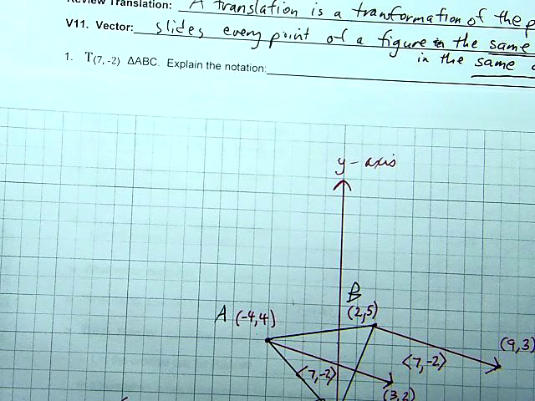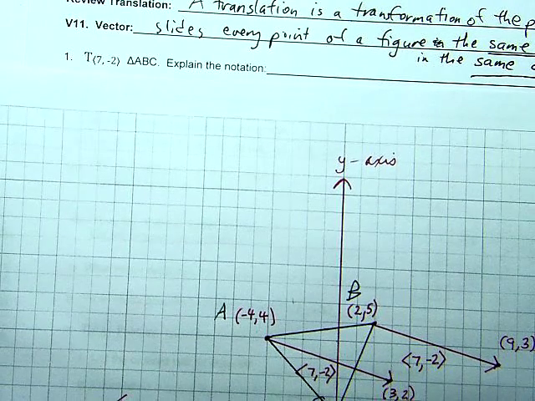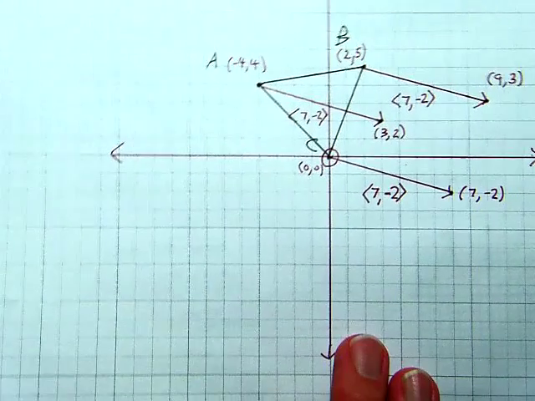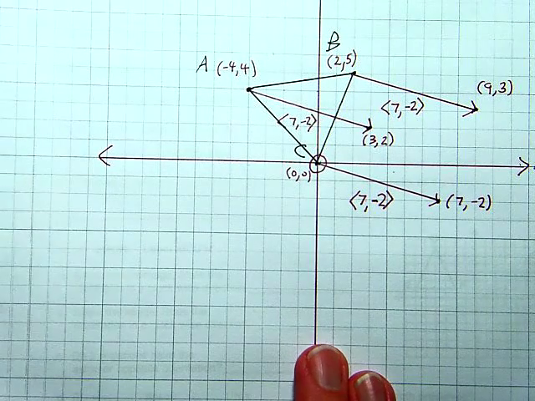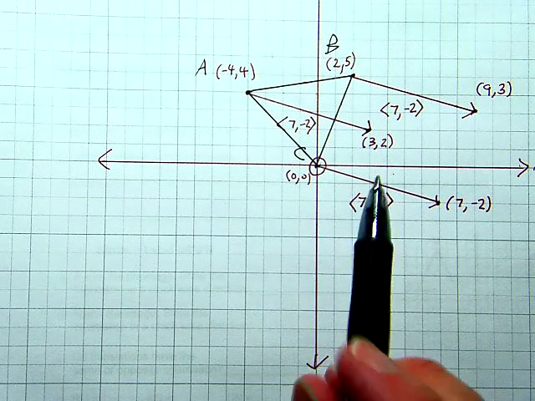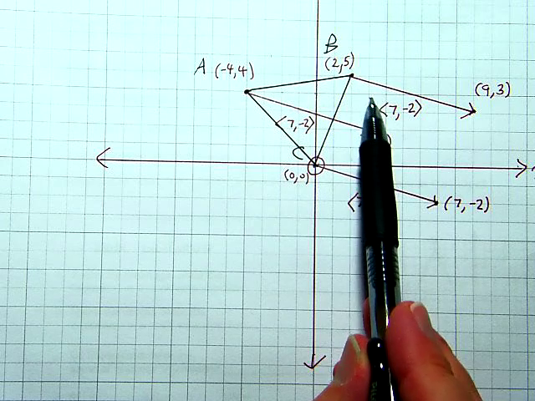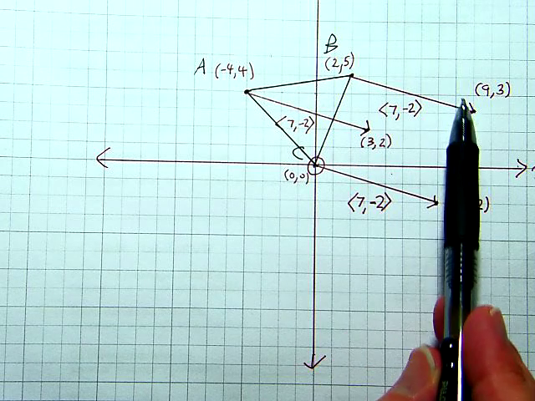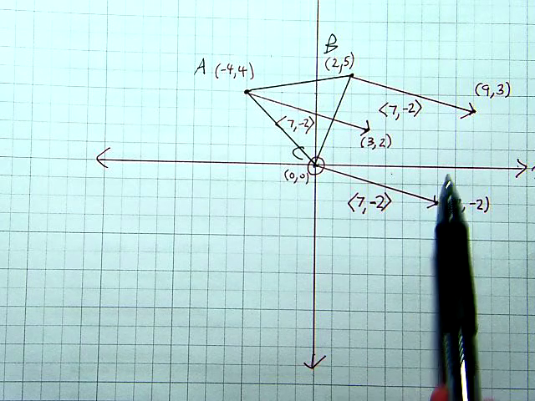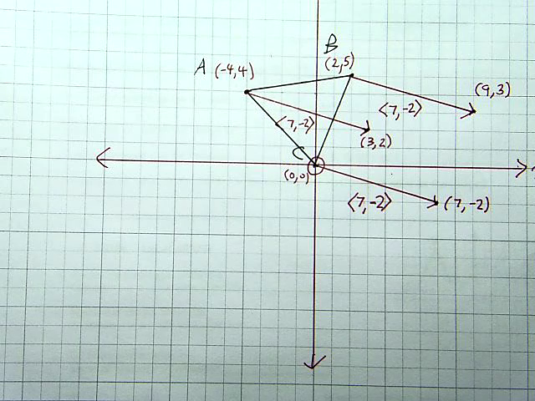And according to the notation, we are supposed to translate it along vector 7 comma negative 2. So basically now each of the points, in fact every point on the triangle, but the major points are the vertices, each of these points is going to be translated 7 to the right and 2 down. So basically, we've done this already.